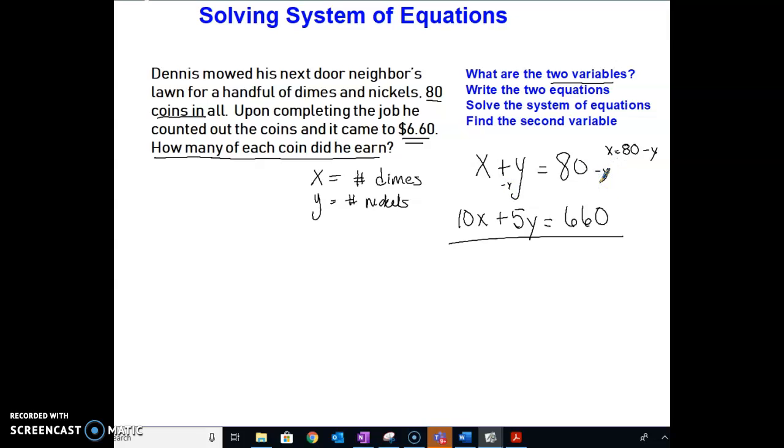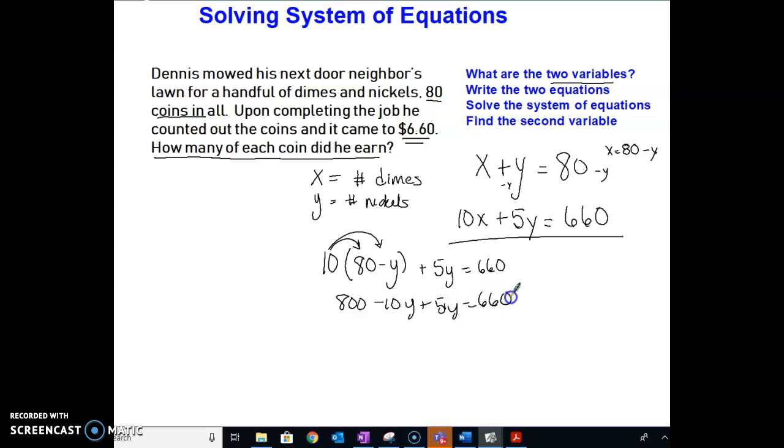Now I can plug that in to 10 instead of x. I'm going to substitute 80 minus the number of nickels, y, plus 5y equals 660. Okay, remember when we're solving equations, distribute. Five y equals 660.